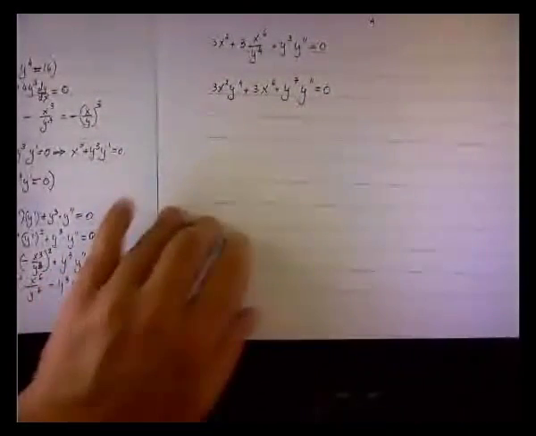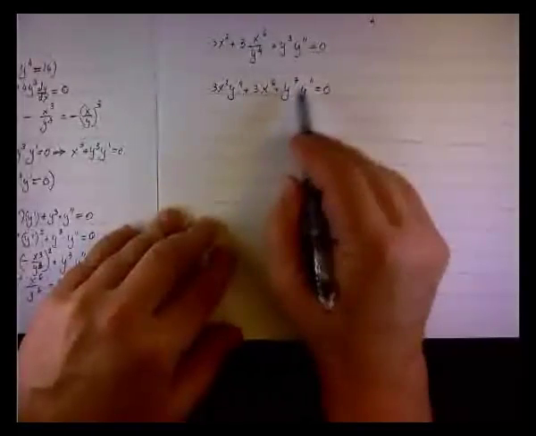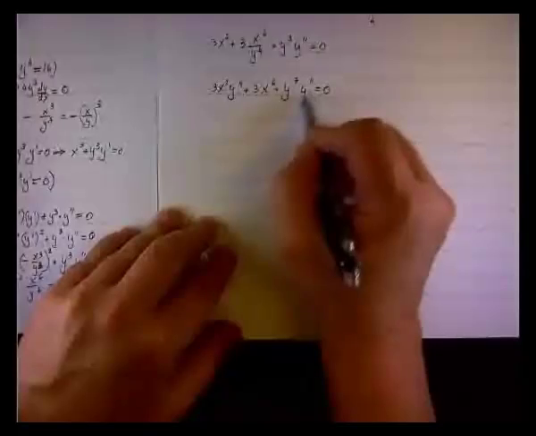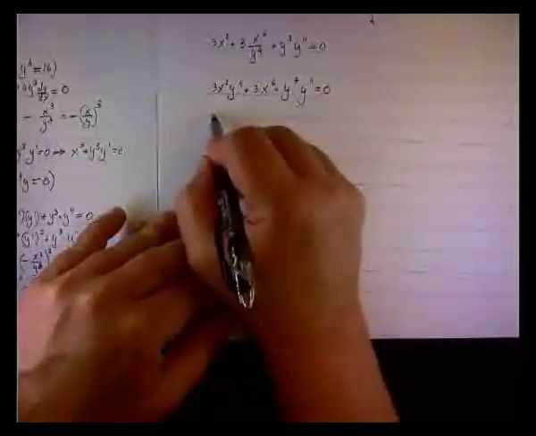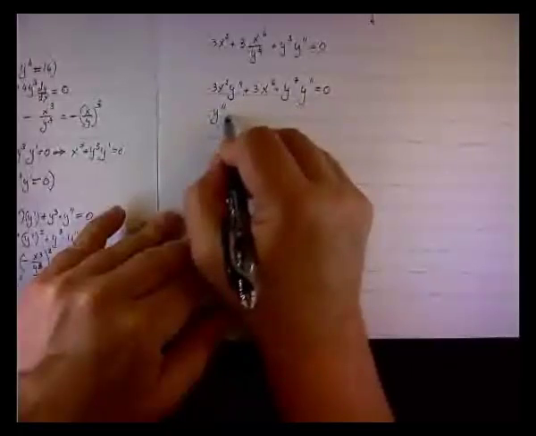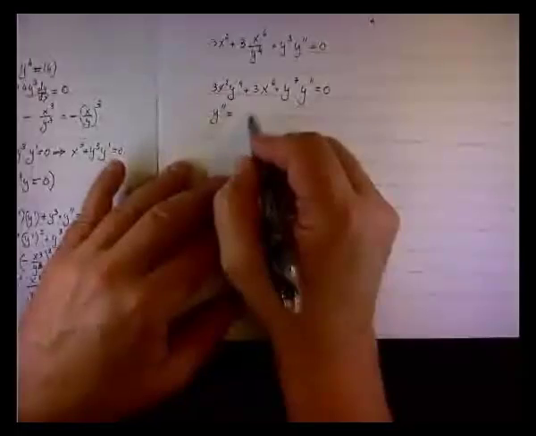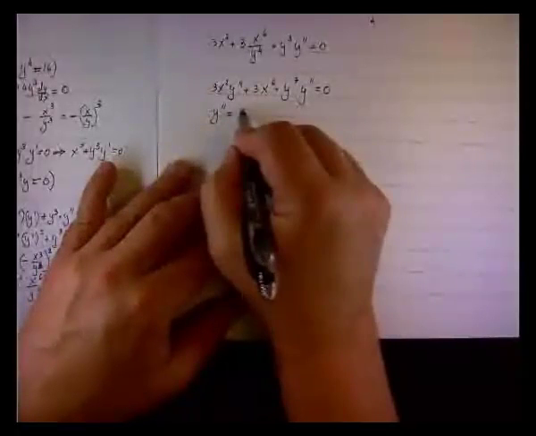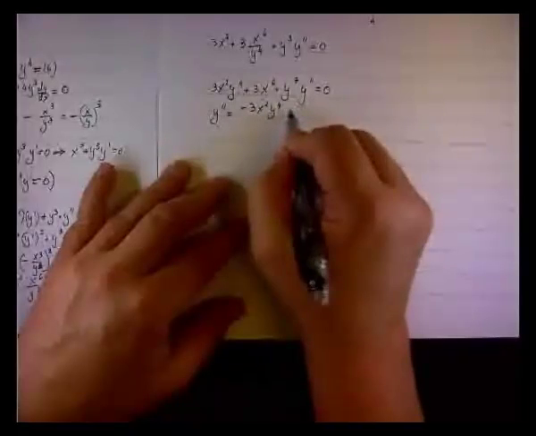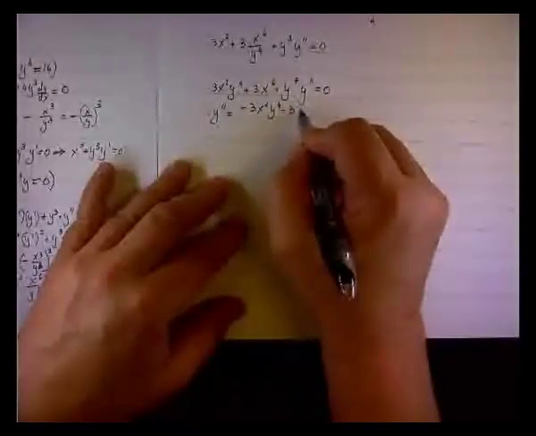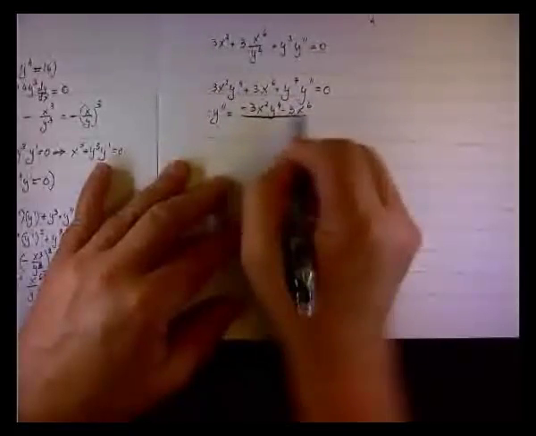And now I'm ready to solve, because I have everything. The only thing I need to do is isolate y double prime. So what is y double prime? These two terms are negative, so we have negative 3x squared y to the 4th minus 3x to the 6th, and we divide everything by y to the 7.